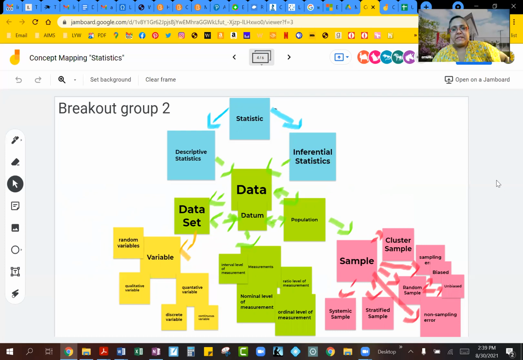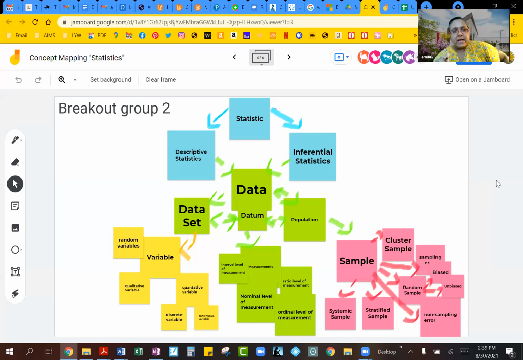Okay, yeah, it seems like after you break the statistics down into its 2 different areas, you are looking at data as your main driving force, and everything breaks down from there. Yeah. Okay, very interesting.